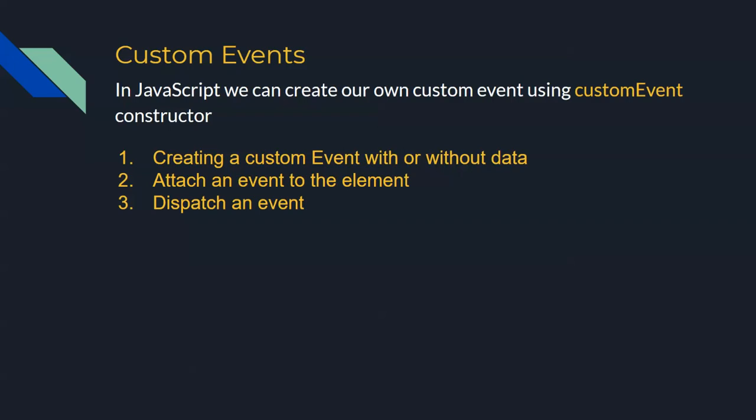If you want an event that passes some data, you can do that. If you don't want to pass data, you can create a normal event as well. Then once the event is ready, we attach that event to a particular element, and after that we dispatch the event, so it will trigger that event. Let's go to our playground and see how it works.